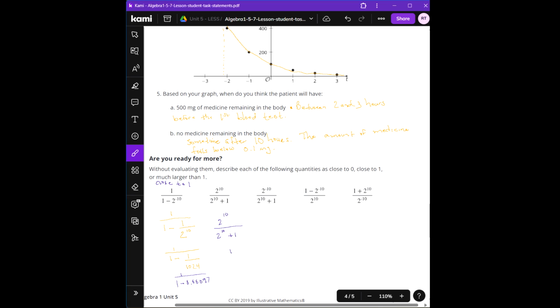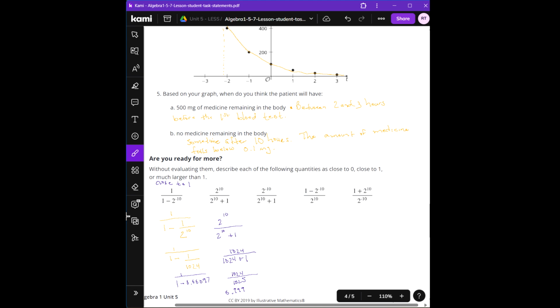So 1024 up top, divided by 1024 plus 1. And so what we have is 1024 divided by 1025. And when we do that, we're going to get like 0.999. So really close to 1 again.